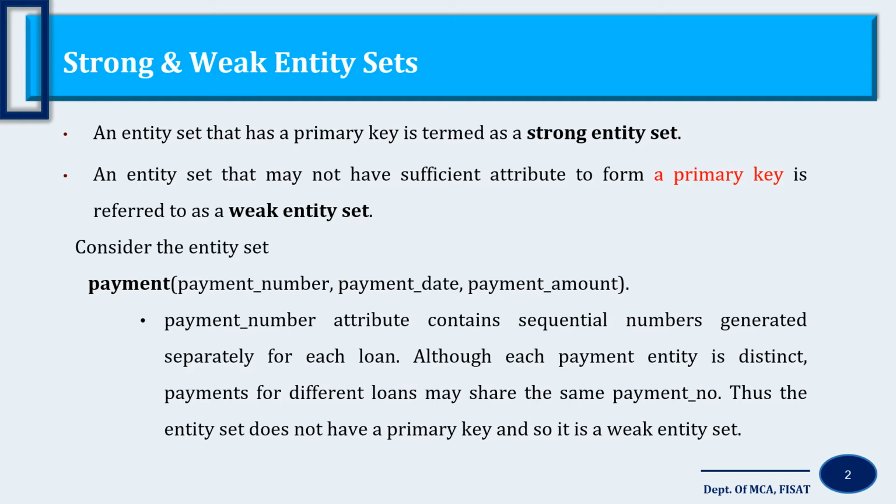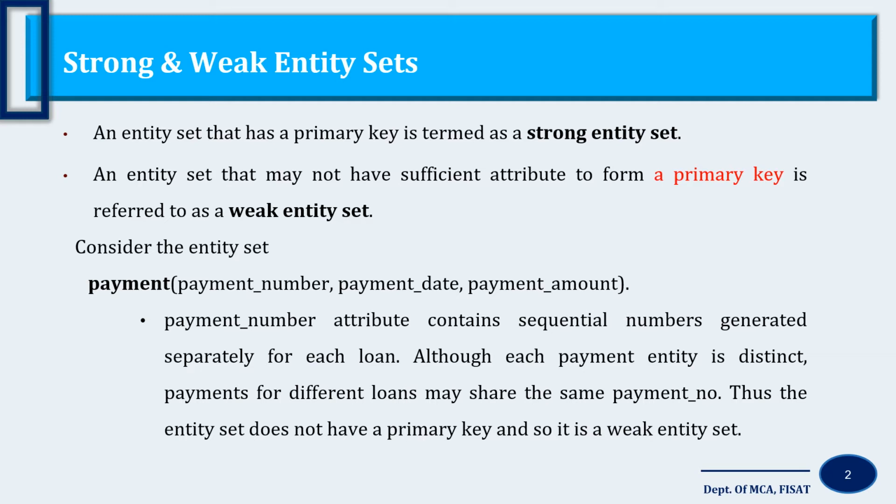Let us consider another scenario with the student entity set, which consists of student roll number, the name, and the marks scored. Suppose that we are going to consider the classes of both batches, S3A batch and S3B batch. If you consider the roll number as the primary key, of course, as you know, in the A batch and in the B batch we'll both have roll number 1.